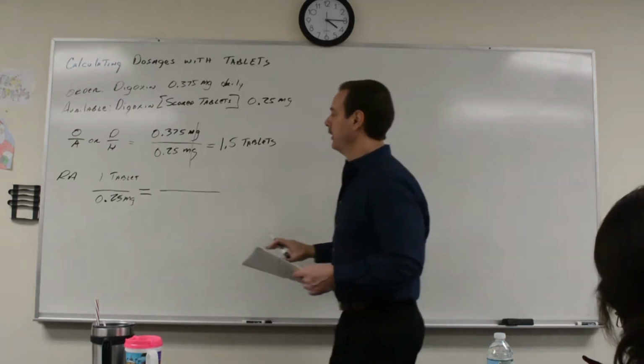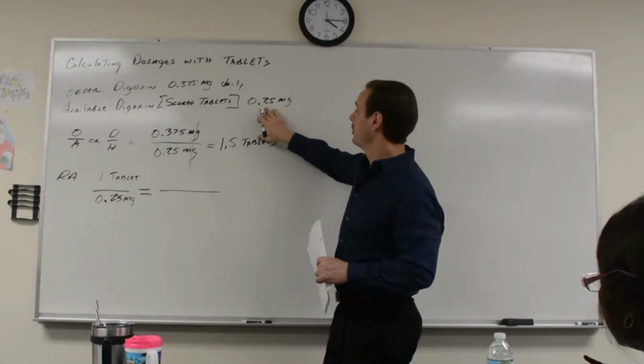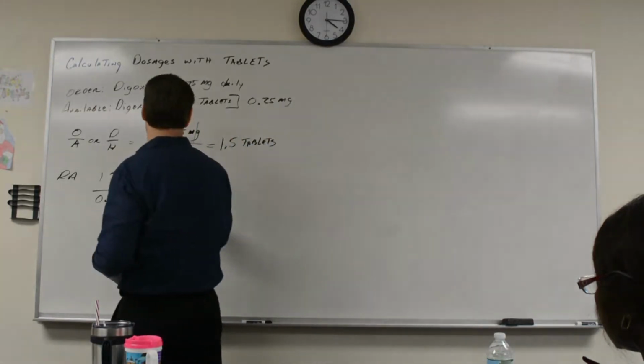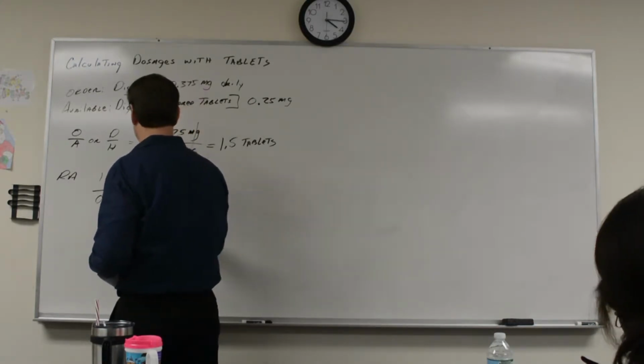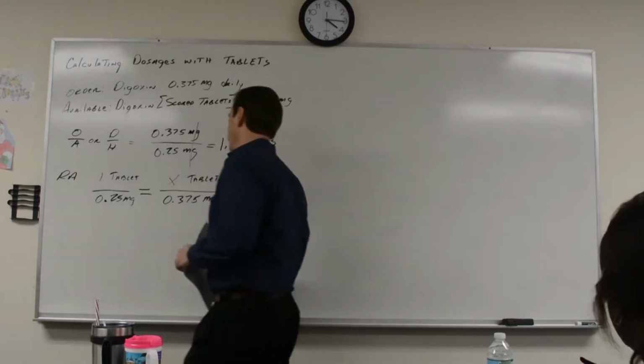This is our conversion, right? Because for every tablet we give, it's 0.25 milligrams. So over here we're going to put X tablets, because we don't know how many tablets we're going to need. And this is going to have to equal 0.375 milligrams.